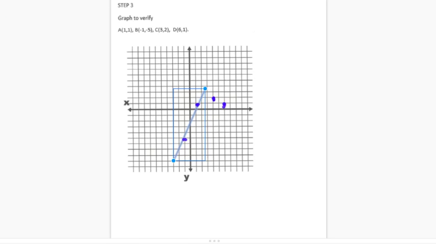Now, if you use a ruler and a nice straight line to go through these points, let me make this one a little bit longer, you will notice that these two lines look perpendicular. So they form 90-degree angles when they intersect. So that is how we verify it using a graph.